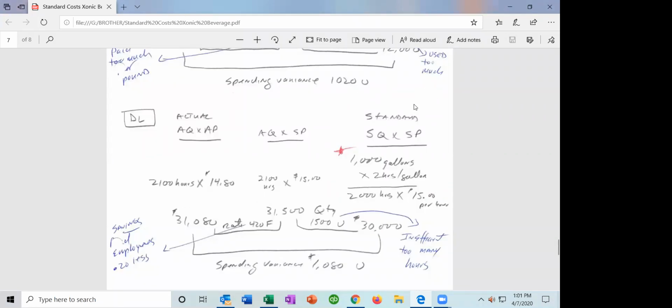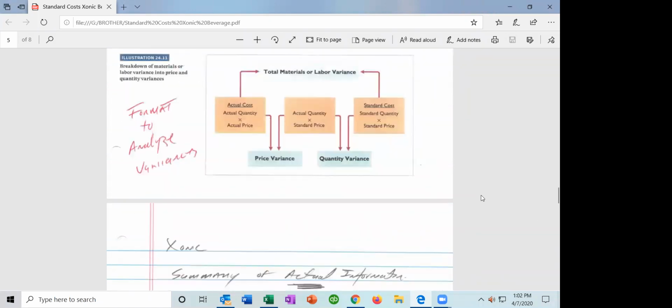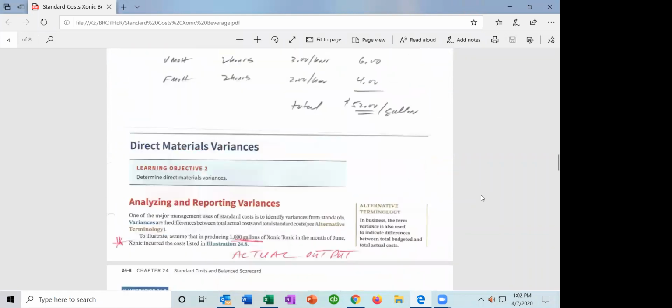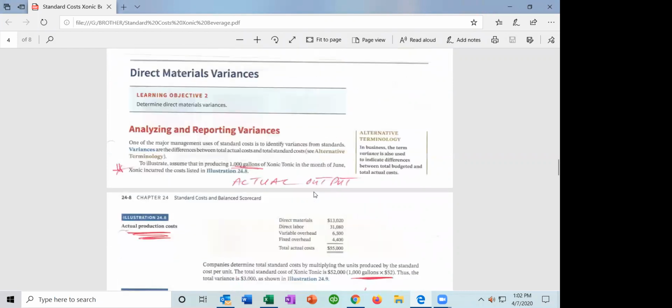Let's start with the standard again. Remember, the actual output was 1,000 gallons. Let's revisit the standard cost card with regard to direct labor. It should have taken 2 hours, and they should have paid $15 per hour. Those are the standards.